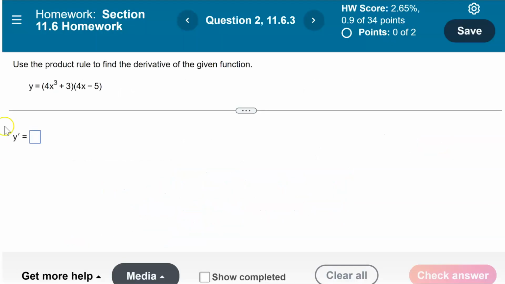Now to illustrate this, let us consider this item in your homework. Use the product rule to find the derivative of the given function. We have y equal to the quantity 4x cubed plus 3 times the quantity 4x minus 5.